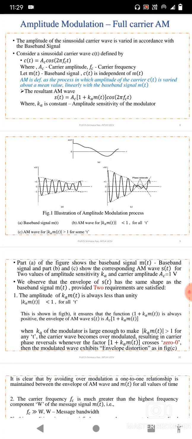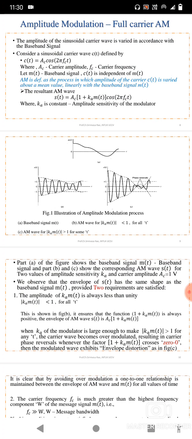Here we are considering two conditions. The first condition is the modulating signal m(t) = Am cos 2π fm t. Then consider a sinusoidal carrier wave represented as c(t), defined as c(t) = Ac cos 2π fc t. Here Ac is the carrier amplitude and fc is the carrier frequency.